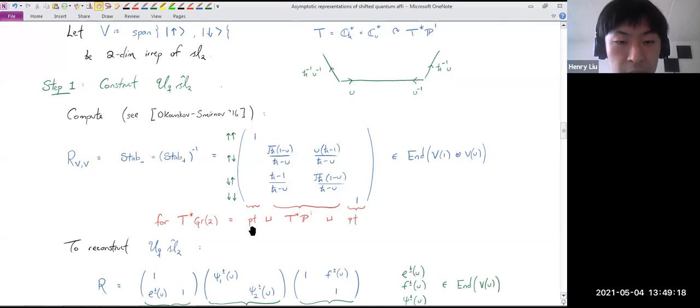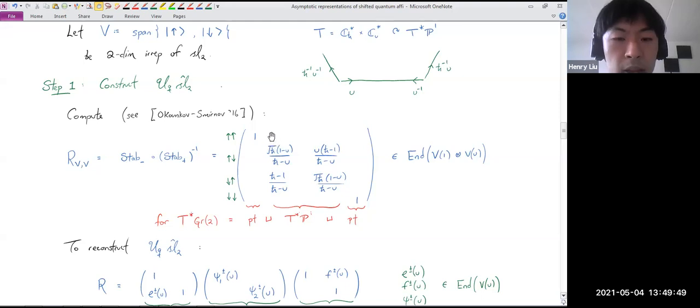It has the Grassmannian of 0 planes in C2, which is a point, the Grassmannian of 1 planes in C2, which is T star of P1, and the Grassmannian of two planes in C2, which is also a point. And the computation of stable envelopes for T star of P1 is fairly standard and also written down in more than one place at this point. So I won't spend time on that.